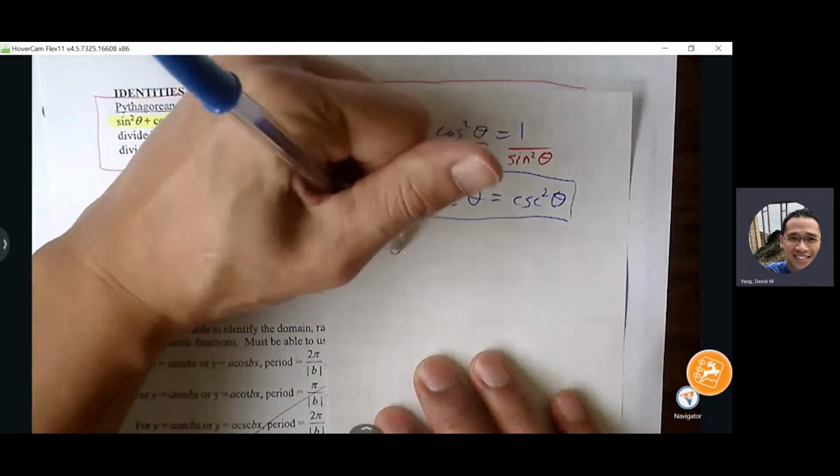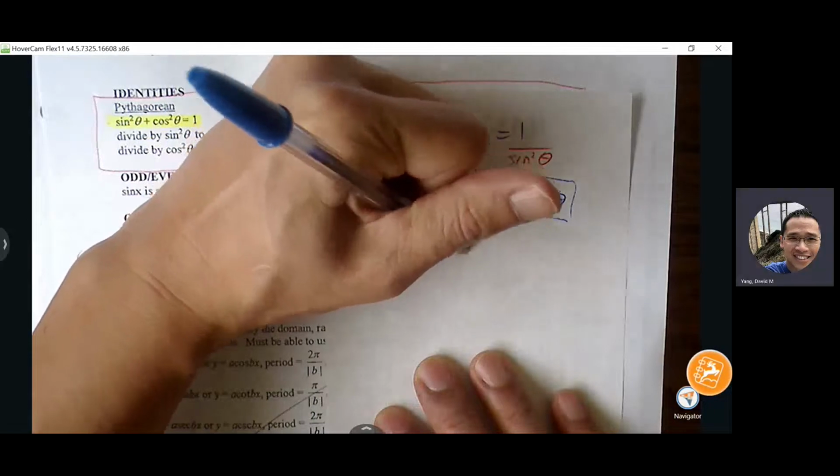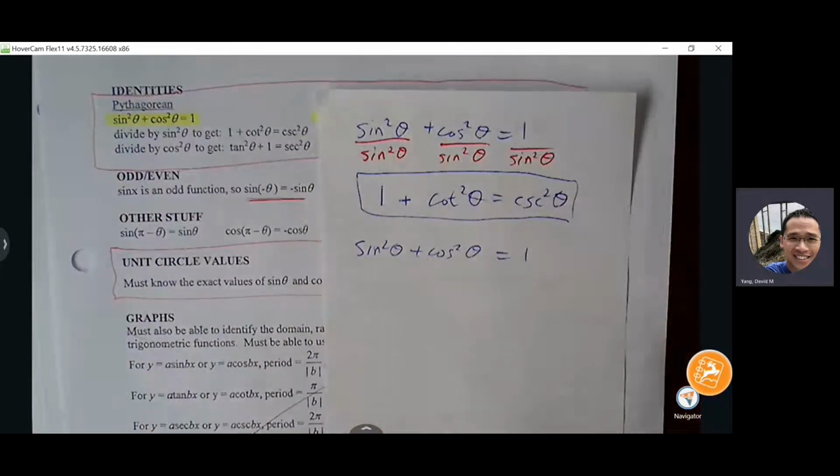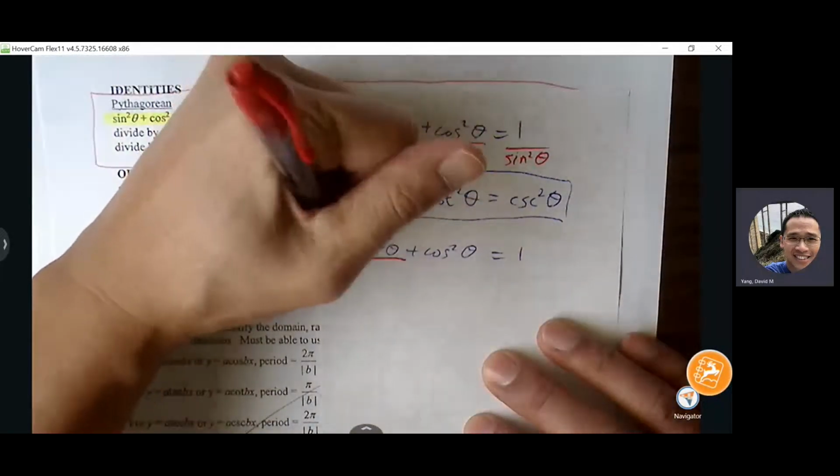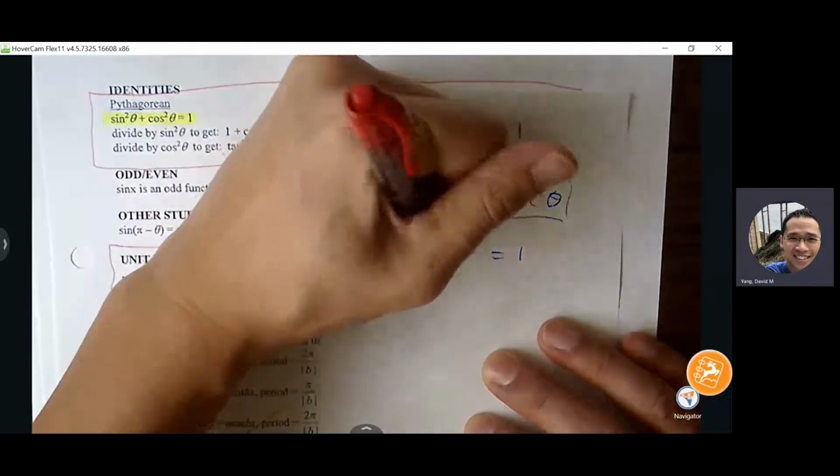If I have sine squared plus cosine squared equals 1, divide everything by cosine squared.